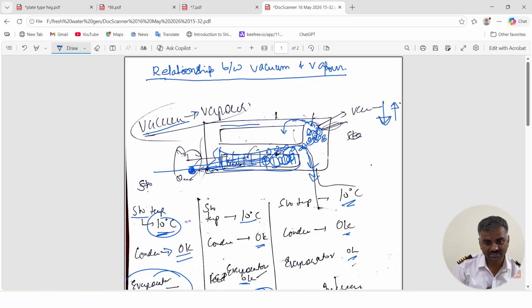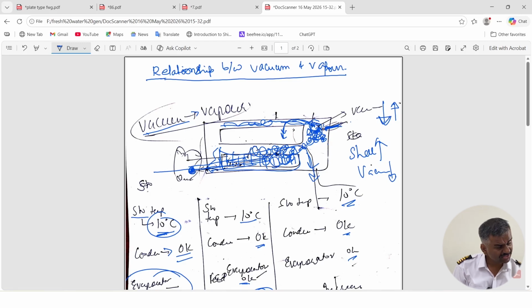Why? Because the steam which comes in direct contact with the temperature transmitter will increase the cell temperature. Simple as that, because steam is present here. So the cell temperature will increase, and the vacuum drops. Then it goes to the condenser, but even then, because extra steam is being produced, more steam is present on the condenser.